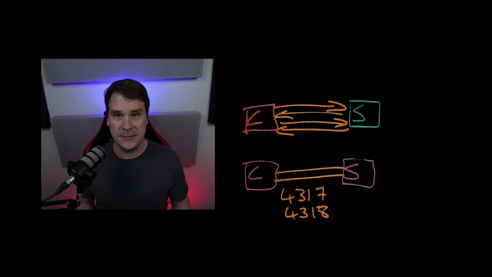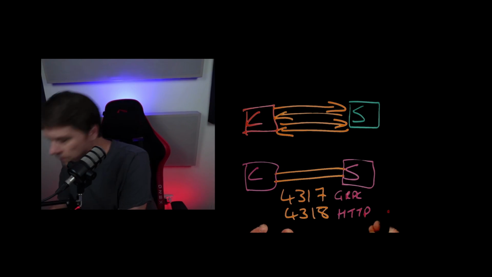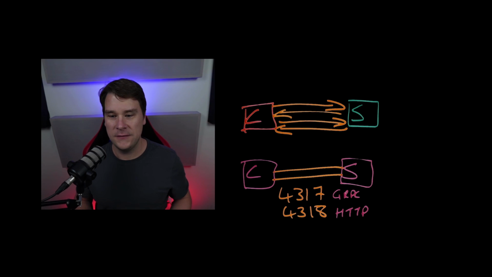There is absolutely no reason that you can't pick other ports, but in the documentation and by convention, 4317 is gRPC and 4318 is HTTP. So if you ever see those two port numbers and you're trying to guess what people are using, 4317 is gRPC and 4318 is HTTP.